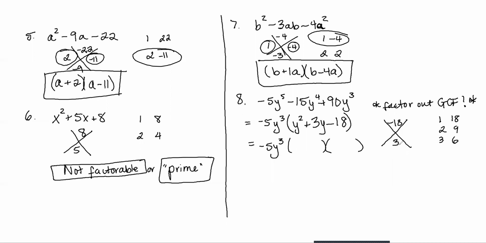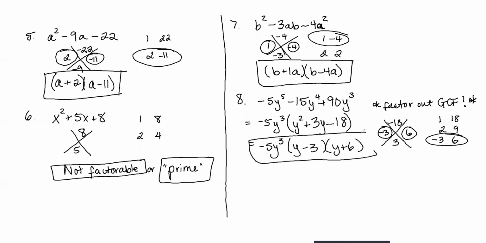And so the ones with a difference of 3, 3 and 6, adding up to a positive, so the 3 has to be negative. And so now putting this back into the parentheses, we're going to have y minus 3 and y plus 6.